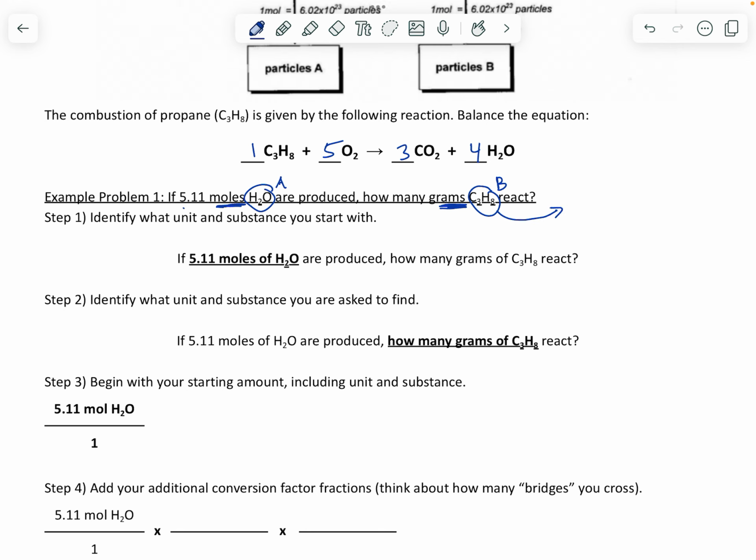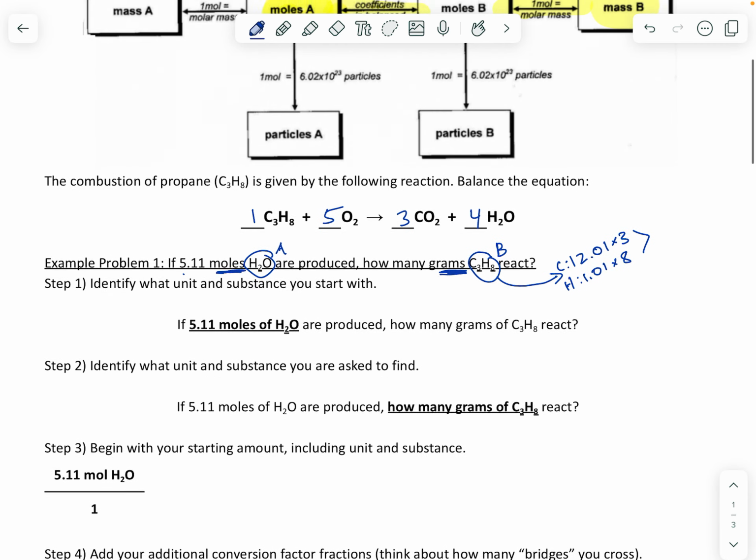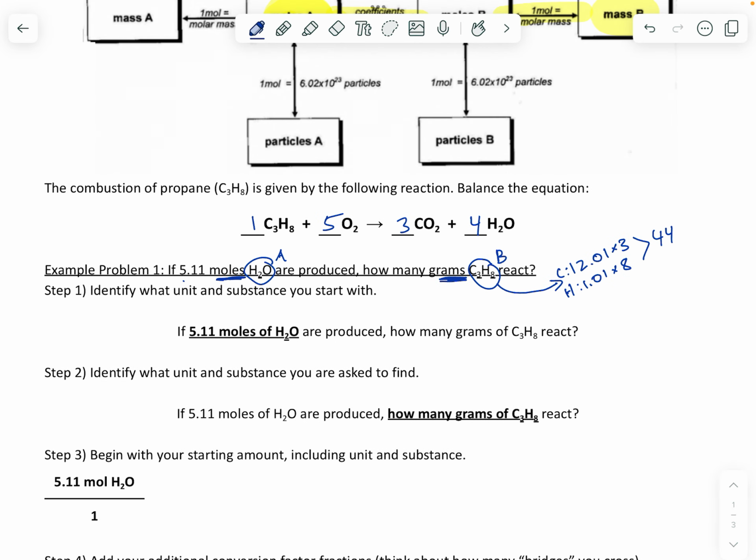Here, there's C, which is 12.01 times 3, and H is 1.01 for a mass, times 8. Add that together, and I believe it's 44.11 grams per mole. Just because I see the word gram, I know I'll have to calculate that at some point, so that's where I'm going to put it.